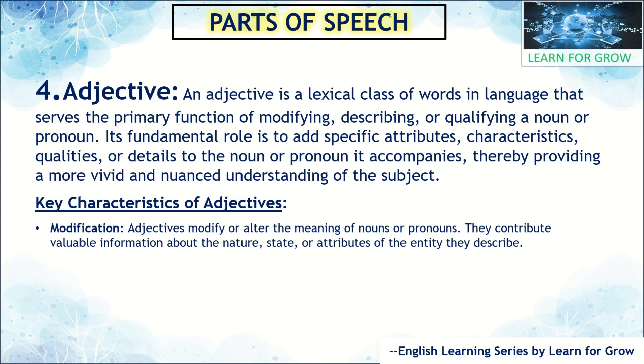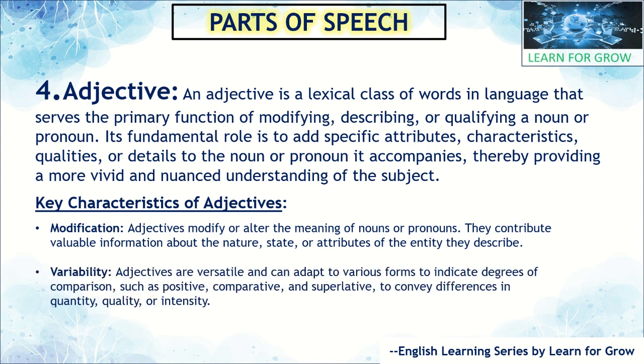They can attribute valuable information about the nature, state, or attributes of the entity they describe. Next, variability means adjectives are versatile and can adapt to various forms to indicate degrees of comparison, such as positive, comparative, and superlative, to convey differences in qualities, quantities, and intensities.